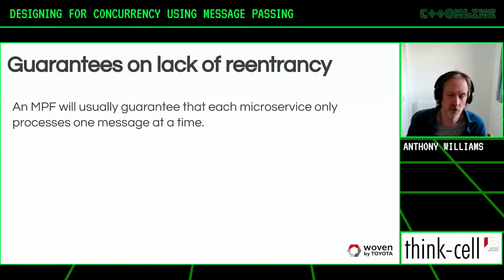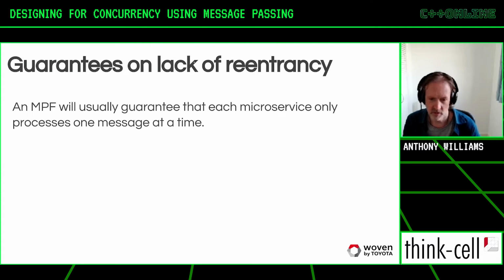So now we talked about how the message passing framework makes sure that messages get where they're going. And one key aspect of that is usually that they can provide a way that you can say, this microservice can only handle one message at a time. That can be important if your handlers are essentially defined as some sort of callback.